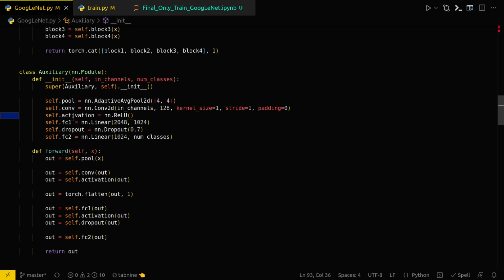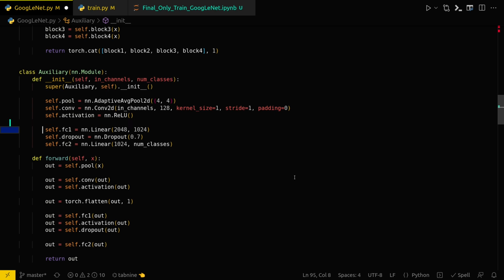After this my first fully connected layer starts, and that's why I'm doing a flatten here: the convolution will output a 4-dimensional tensor, but the fully connected layer, that is nn.Linear, requires a 2-dimensional input. That's the reason I need to flatten it, to make the 4-dimensional tensor a 2-dimensional one.